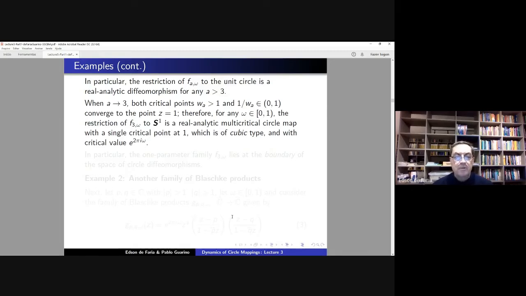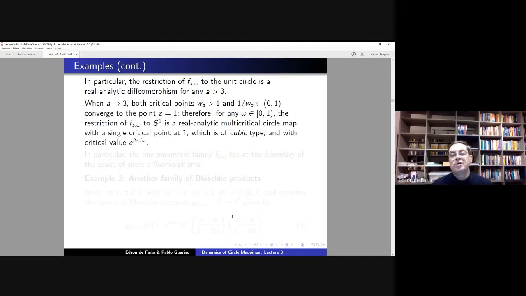So now the maps f sub 3 omega for the various values of omega between 0 and 1 are orientation-preserving homeomorphisms. They're real analytic, but they're no longer diffeomorphisms. They have this cubic critical point at z equals 1. So this is an example of a unicritical circle map, I should say. It's a multi-critical circle map with just one critical point.